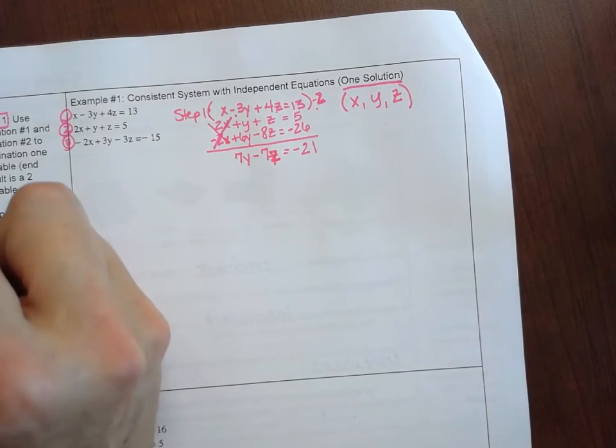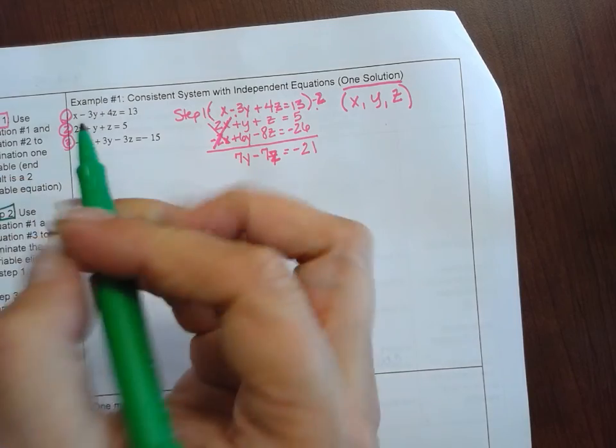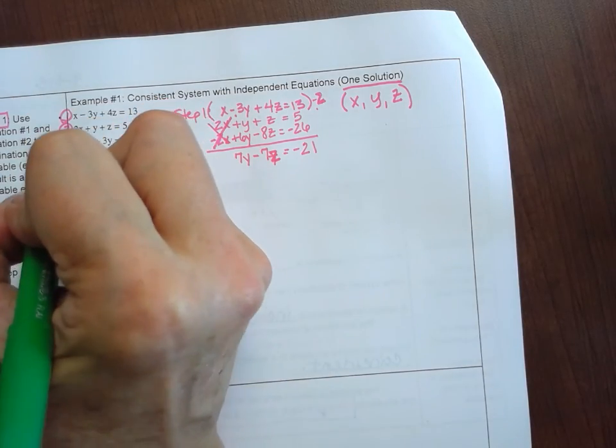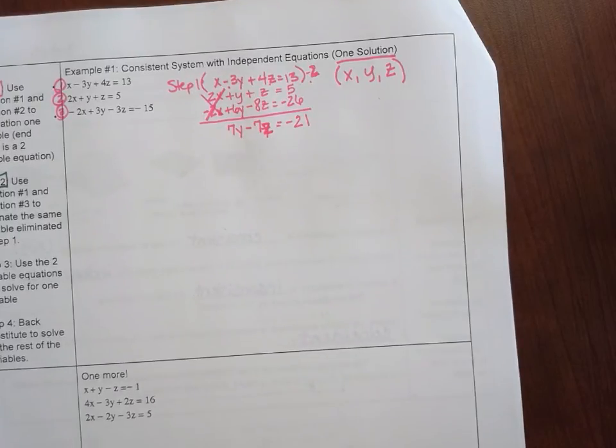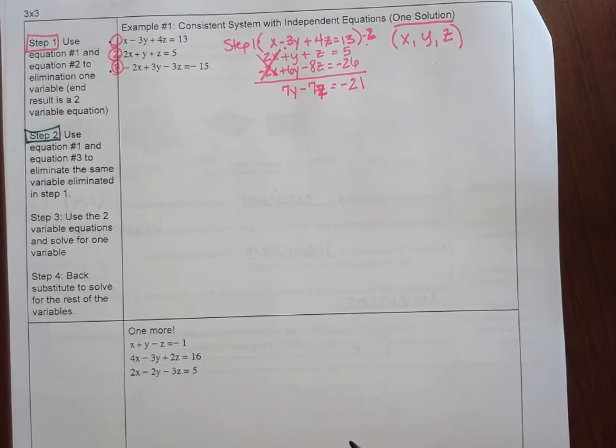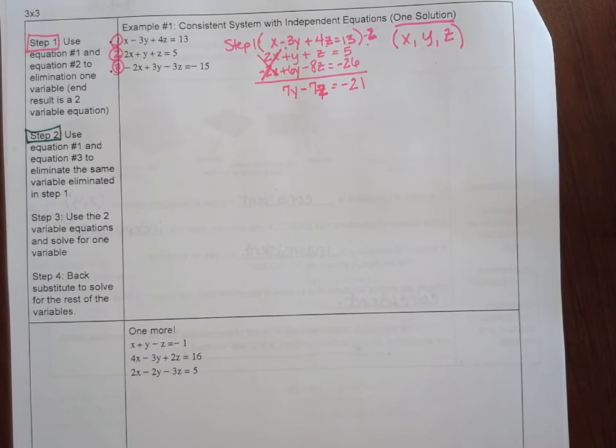Step number 2. Now I'm going to use 1 and 3 to eliminate the same variable that I did in step 1. You can use 2 and 3, it doesn't matter. It just can't be 1 and 2 again.